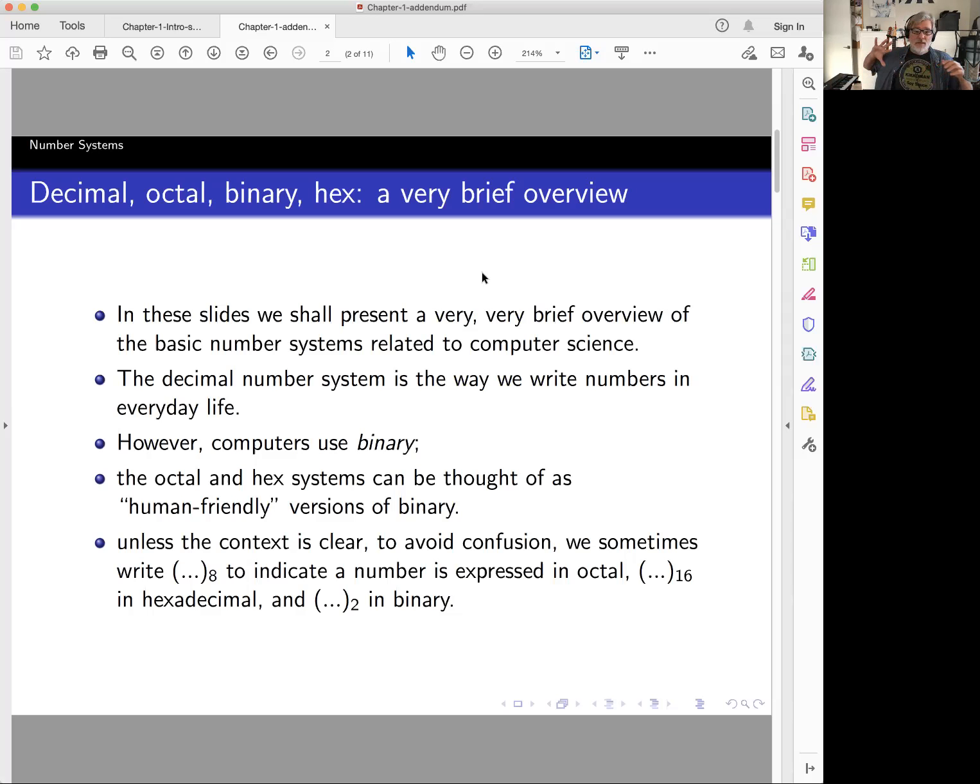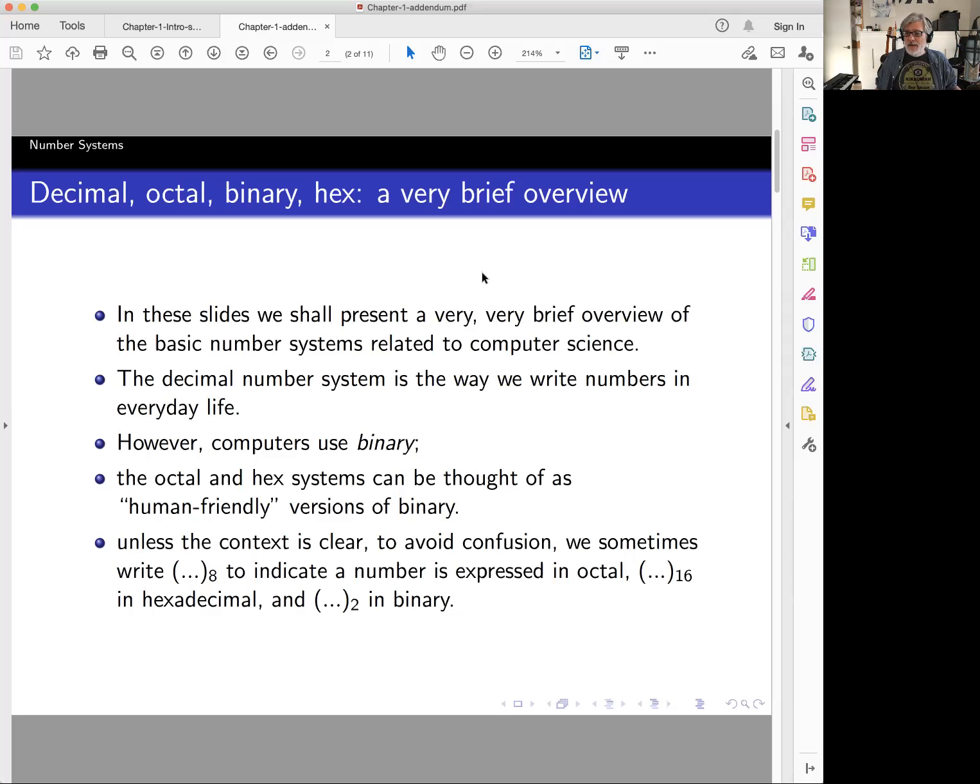So the decimal number system is the human number system, very probably because most of us have 10 fingers, but that's the one that almost all humans use today and have been using for a while.